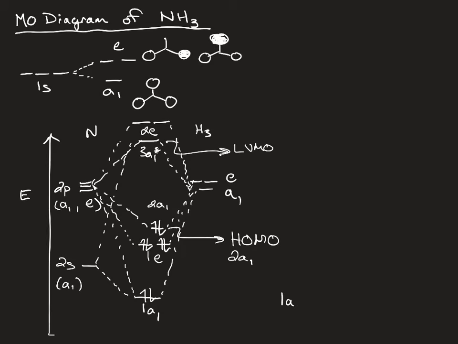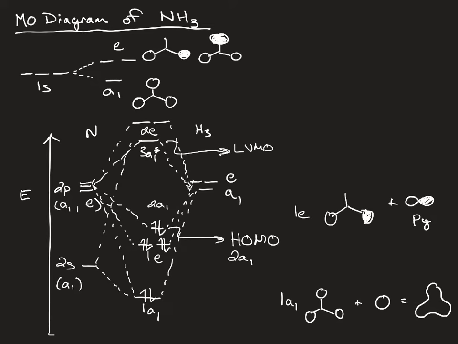So the 1A1 is this, plus the nitrogen 2s orbital. So it's going to look like that because you're all in phase, it's overlapping. The 1e, you have one pair. That would be made up of that orbital plus the py.